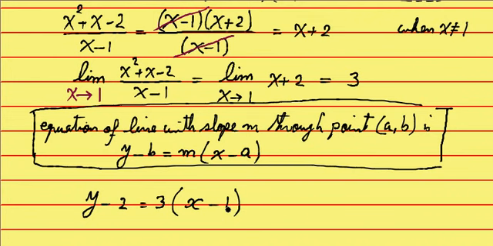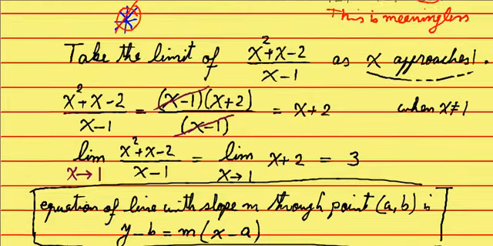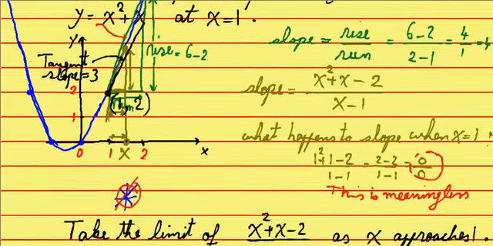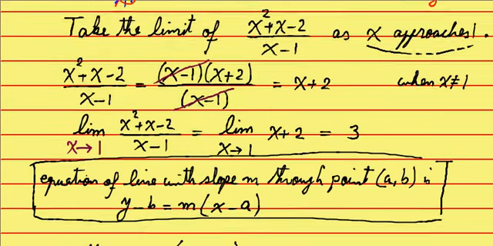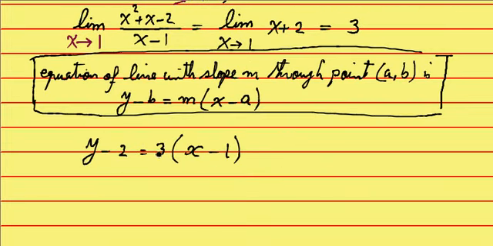So again, 1 was given, x approaches 1. This is what we got from our original equation that was given to us. X squared plus x. When x became 1, y became 2. That's the 2 that I'm using there. And 3 is the slope that we worked so hard to get. Okay, so that becomes the answer. This is the equation of the tangent line.